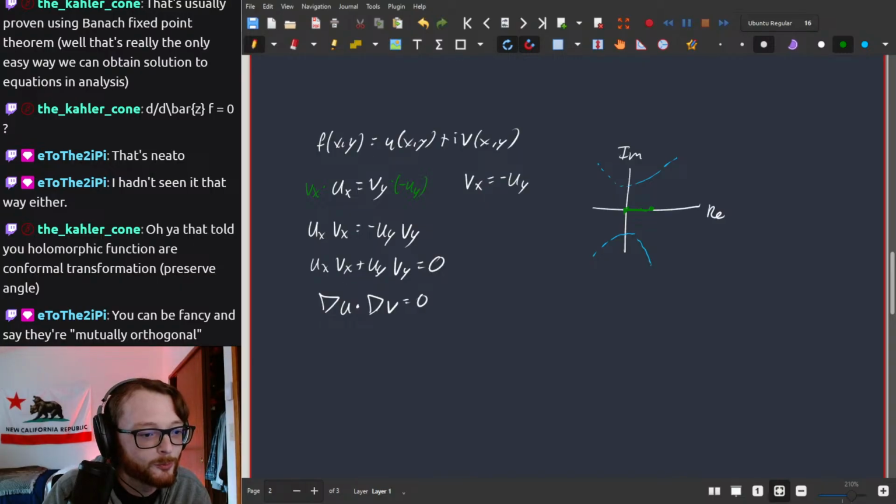Mutually orthogonal. Ooh. I told you that holomorphic functions are conformal transformations. Oh, preserving angle? Interesting.